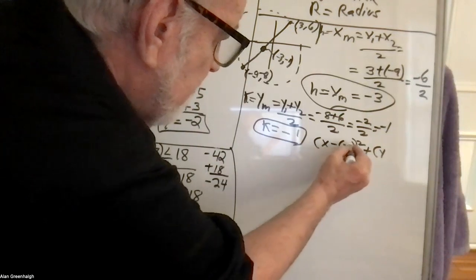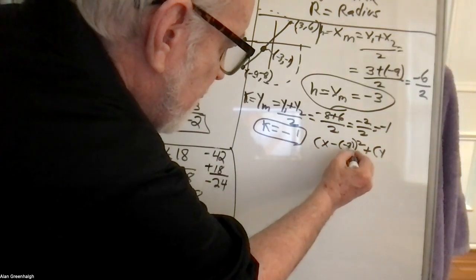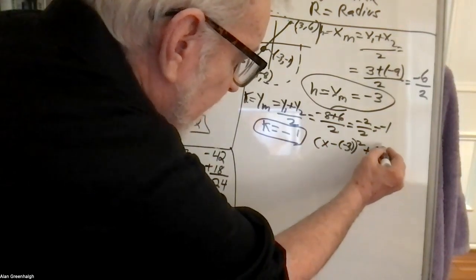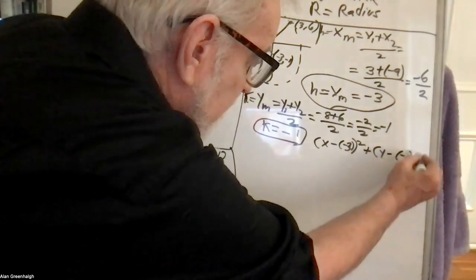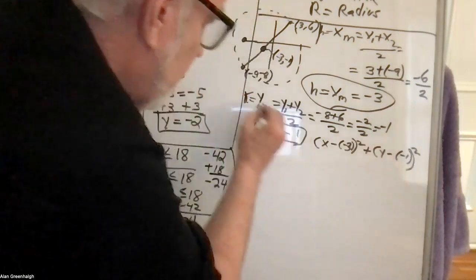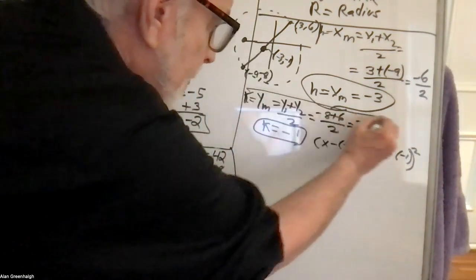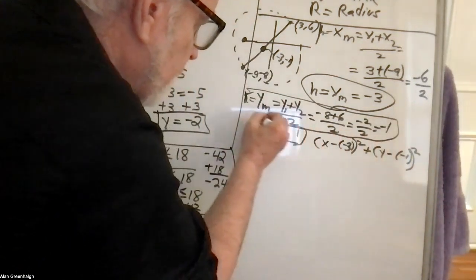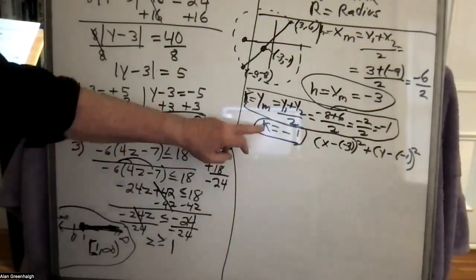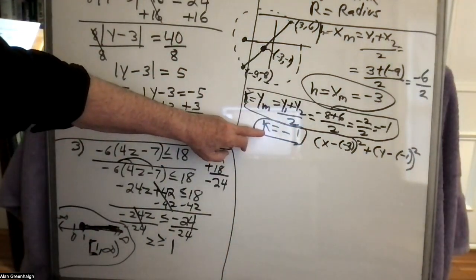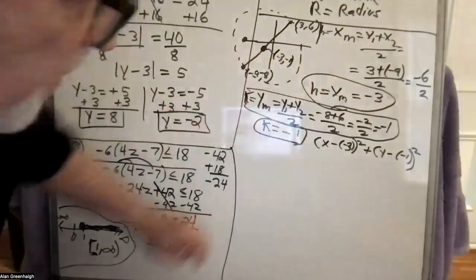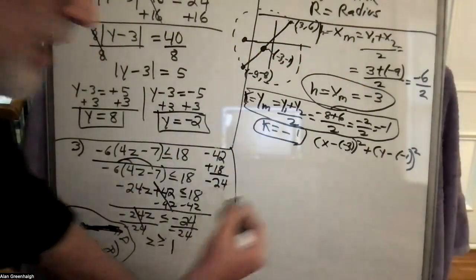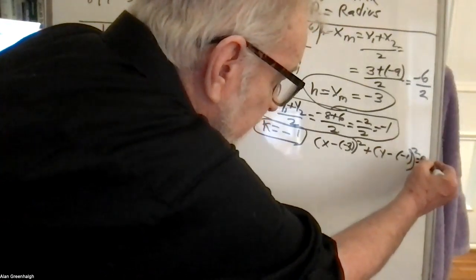It's (x minus -3) squared and (y minus -1) squared. Okay, so this is the k, which led us to here, and that's the h, which led us to the -3. Now, at this, what equals r squared, don't forget that.